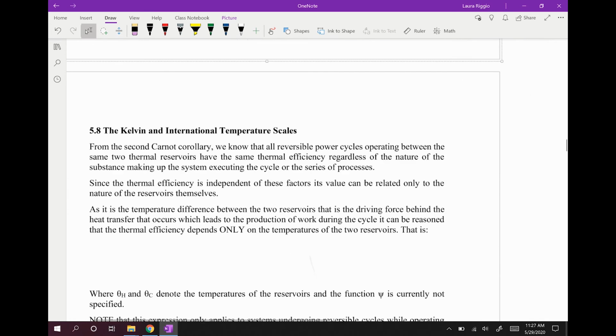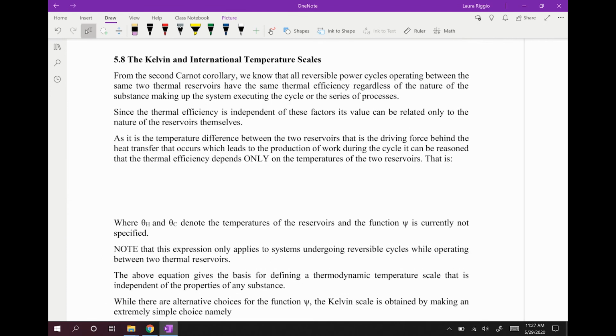The last thing we need to introduce before we can actually solve any problems is how the Kelvin temperature scale can be related to our definitions of the second law. From our Carnot corollary, we know that all reversible power cycles operating between the same two thermal reservoirs have the same thermal efficiency, regardless of the nature of the substance making up the system executing the cycle.